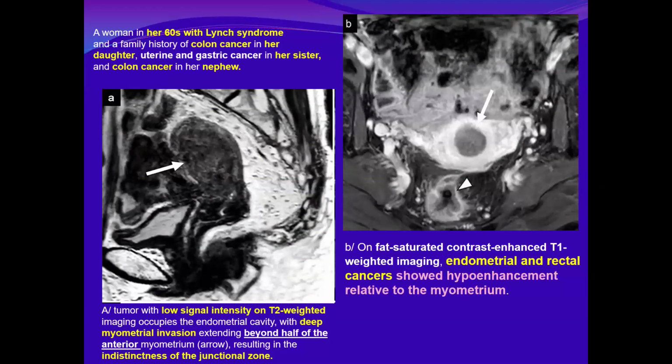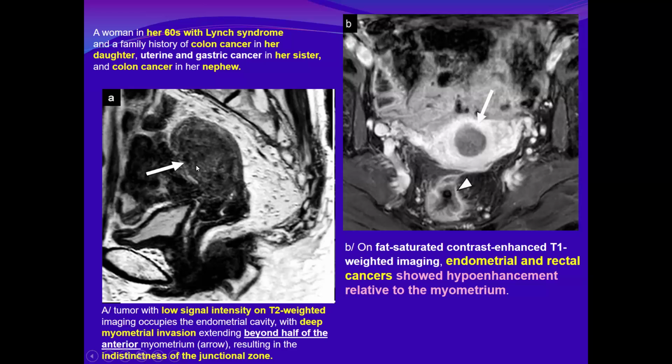Here in this case, a woman in her 60s with Lynch syndrome. She has a family history of colon cancer in her daughter, uterine and gastric cancer in her sister, and colon cancer in her nephew. Okay? What we can see here, the endometrium is distended with a hypo signal mass, or low signal T2 mass.